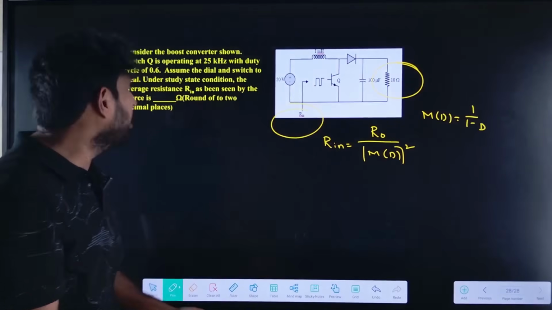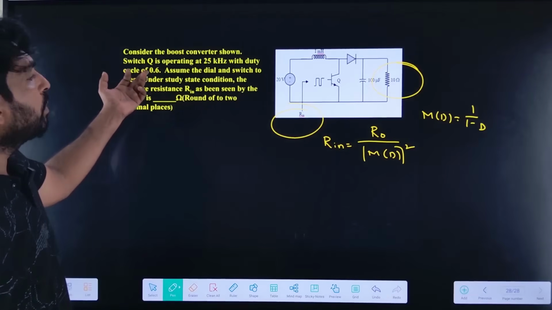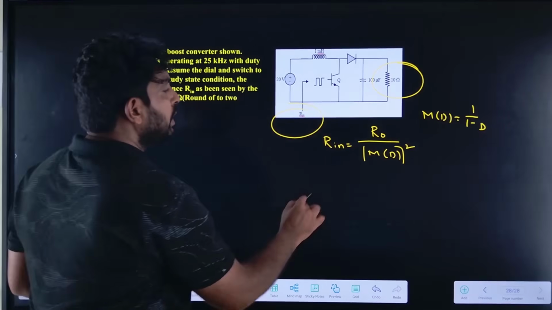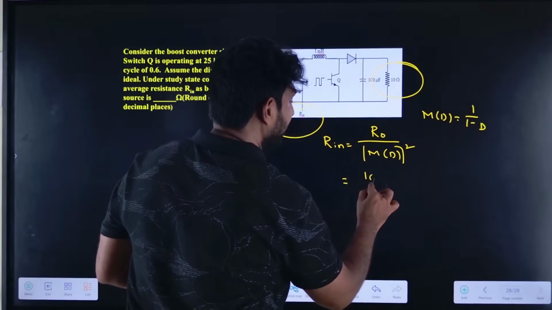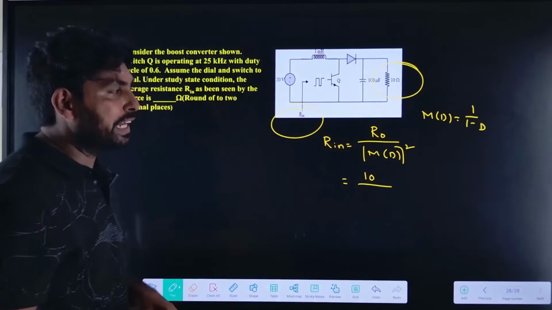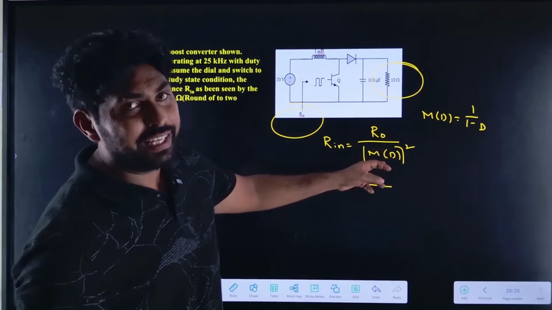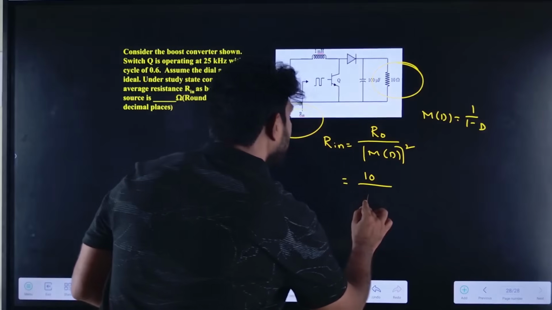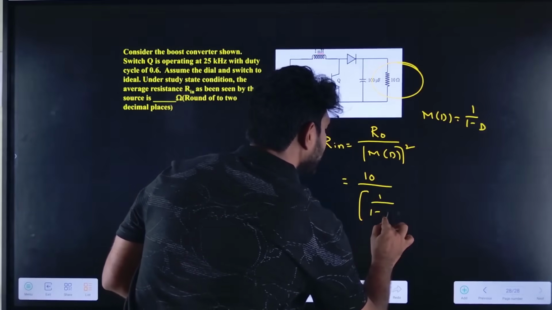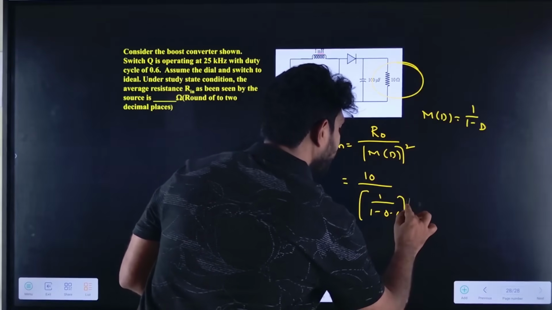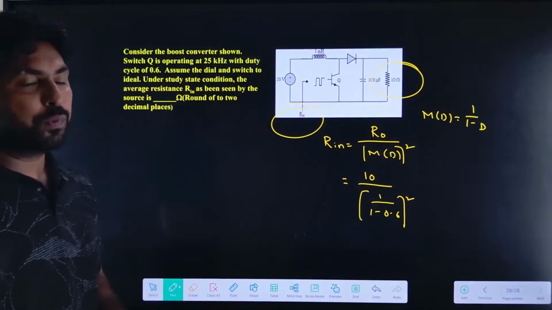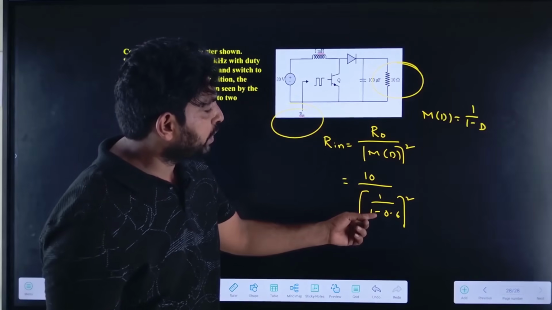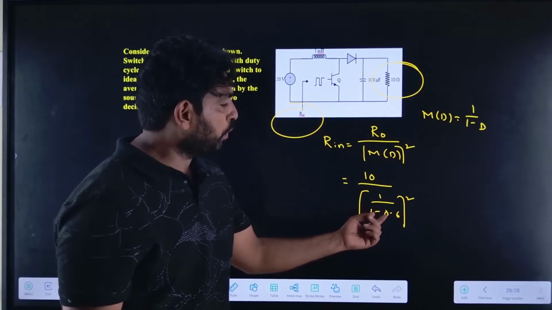So the input resistance equals 10 divided by M of D whole square, where M of D equals 1 by 1 minus 0.6. 1 minus 0.6 is 0.4.